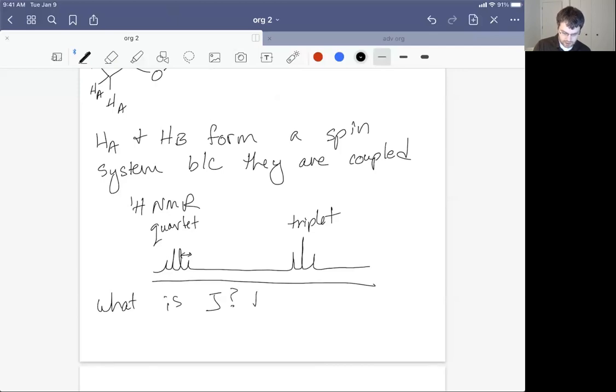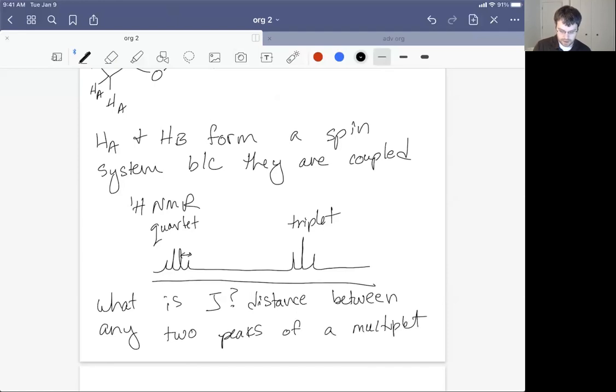And so we could label that distance between any two peaks of a multiplet. And it's constant. It's saying that for this quartet, the distance between any 2 peaks is J.